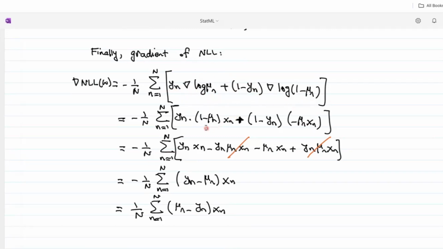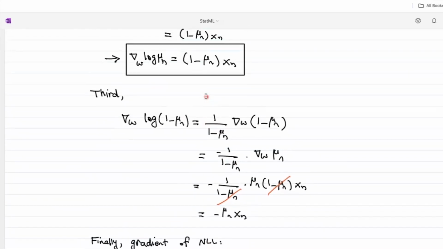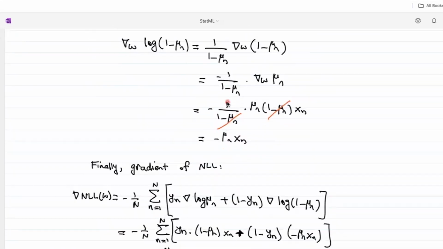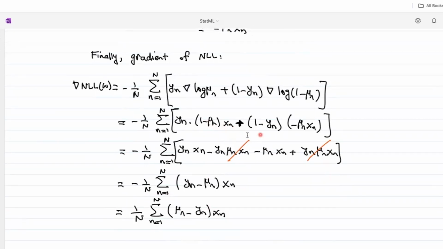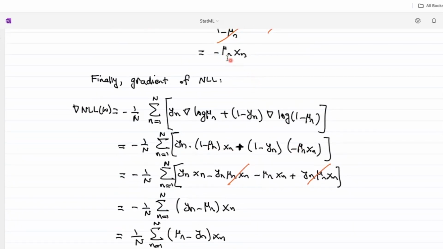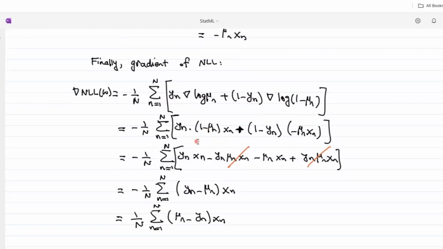And we just plug in what we found, right? For log of mu n, the gradient is 1 minus mu n xn. And for this second part, we have here negative mu n xn. And if you do the multiplication, we end up with 4 terms. And something that is very interesting here, actually, 2 of these terms, they cancel, right?